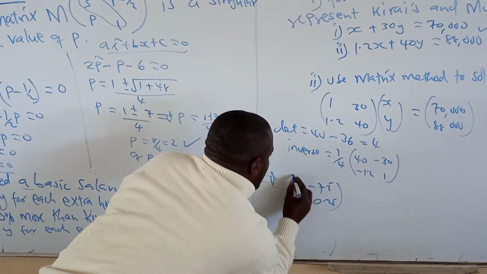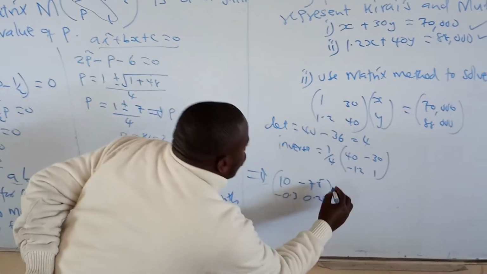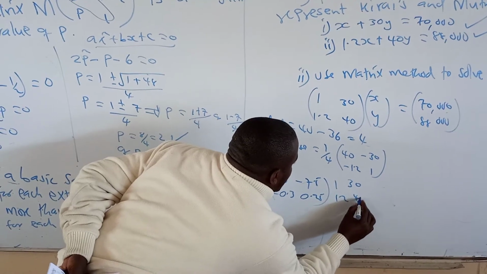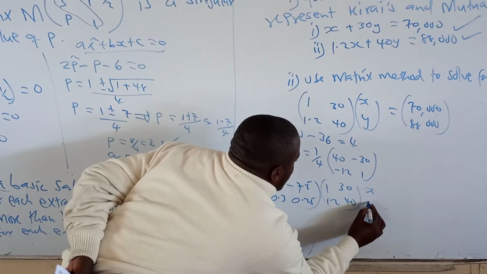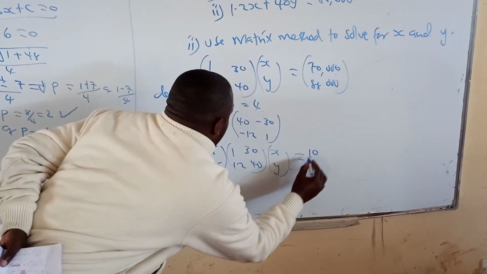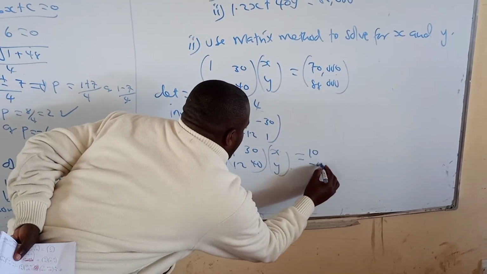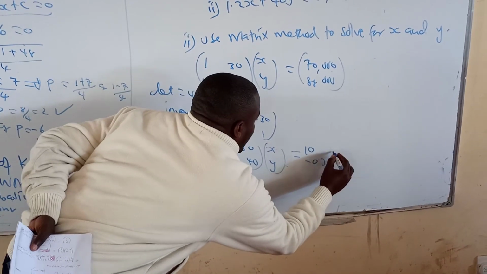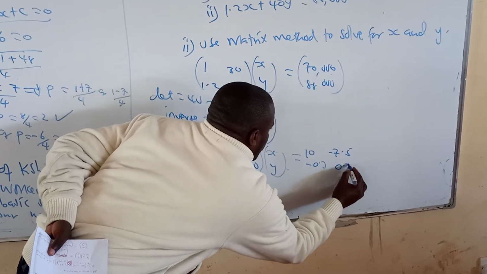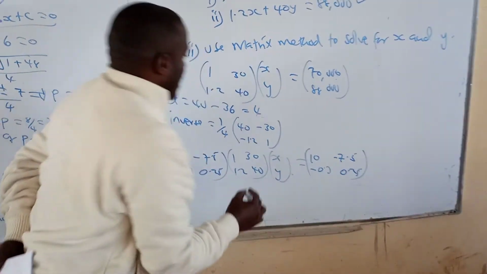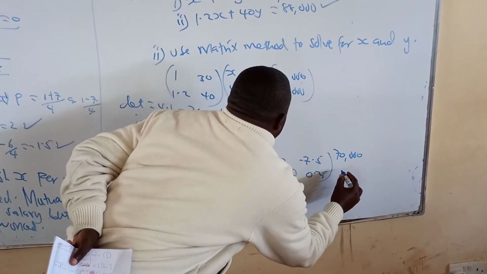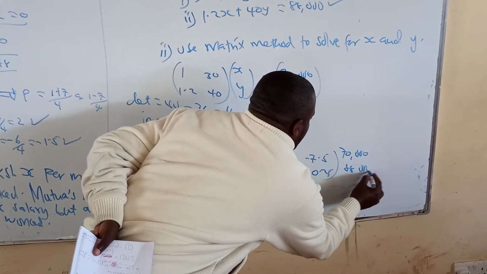So we pre-multiply all through: the inverse matrix 10, negative 7.5, negative 0.3, 0.25, times the matrix 1, 30, 1.2, 40, times xy, equals the inverse times 70,000 and 8,000.